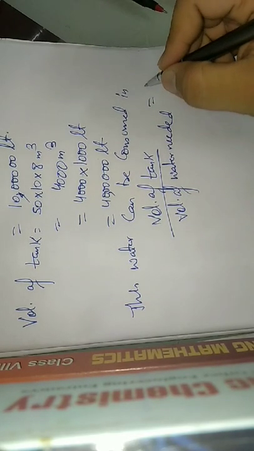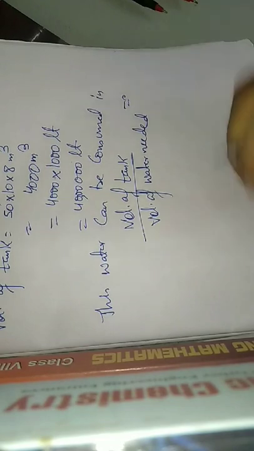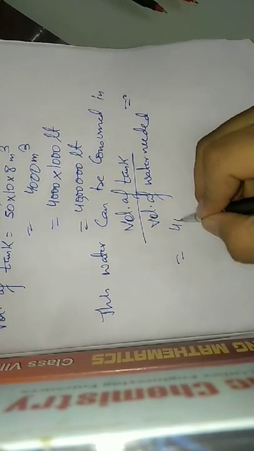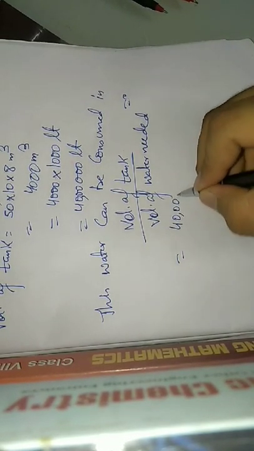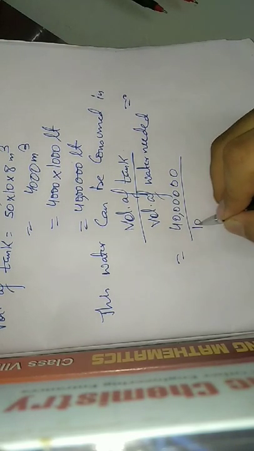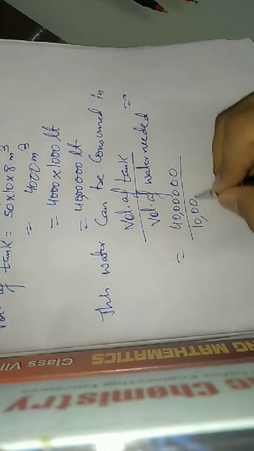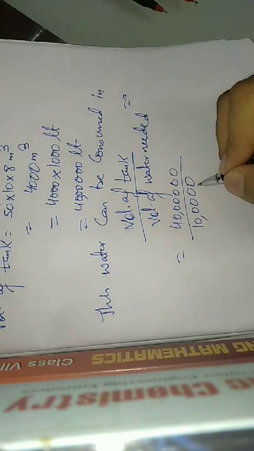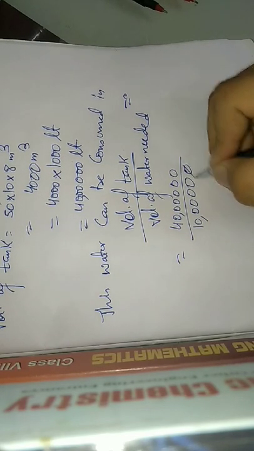So what is the volume of tank? Unit, tens, 100, 1000, 10,000, lakh, 10 lakh. Volume of water needed is 10 lakh only. Okay, 10 lakh. So all are gone.